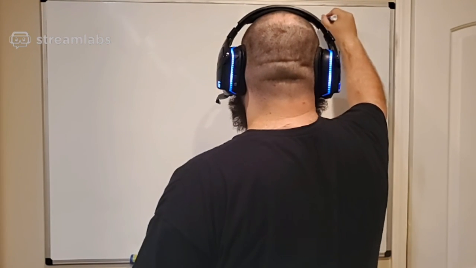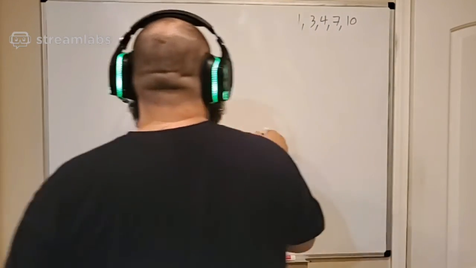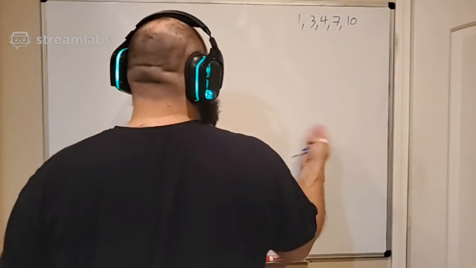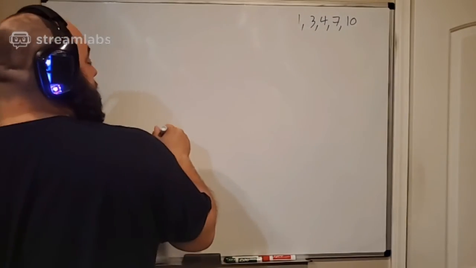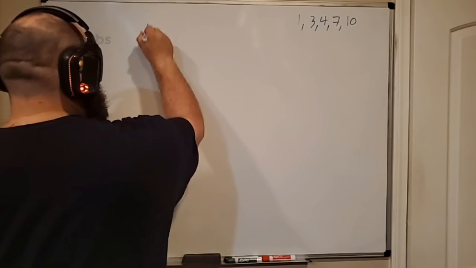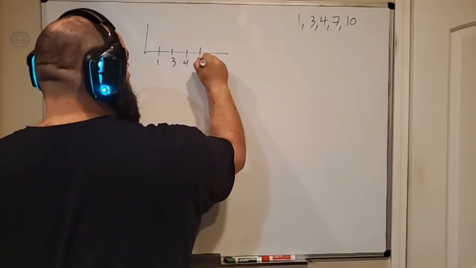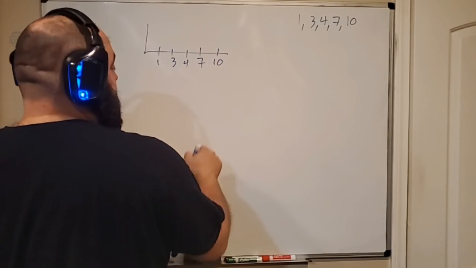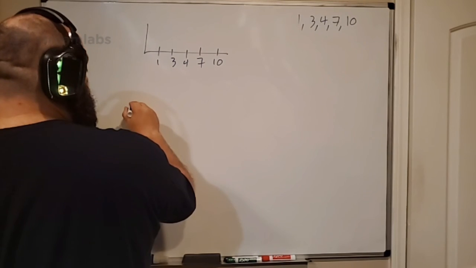Okay, so a left Riemann sum, remember we'll use our left points. So that's going to be 1, 3, 4, and 7. So we need to figure out the width of our rectangles. If you need to draw it out, that's fine. So 1, 3, 4, 7, 10. Yes, I know this is not how my axis would look. My first rectangle will have a width of 2. I don't know its height yet. My second rectangle will have a width of 1.